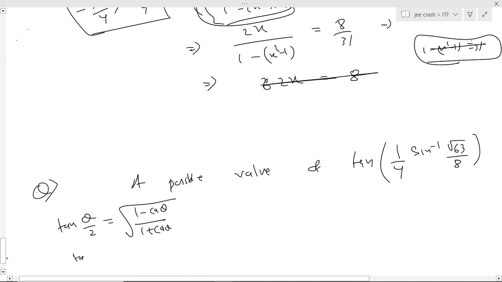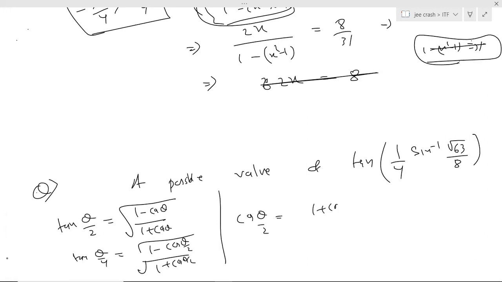So tan theta by 4 will be under root of (1 minus cos theta by 2) upon (1 plus cos theta by 2). All right. Cos theta by 2 you can use as under root of (1 plus cos theta) upon 2. Using all this, you can find the answer.